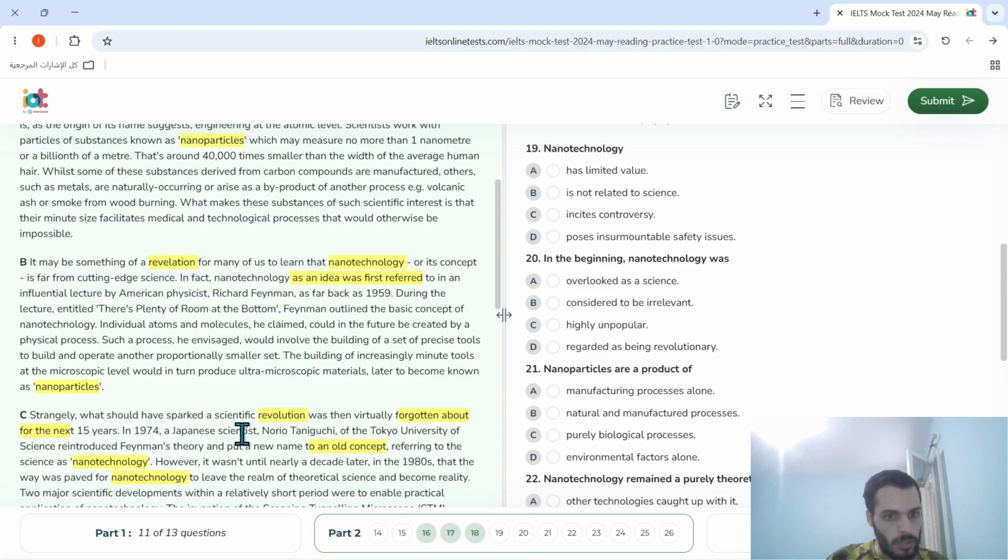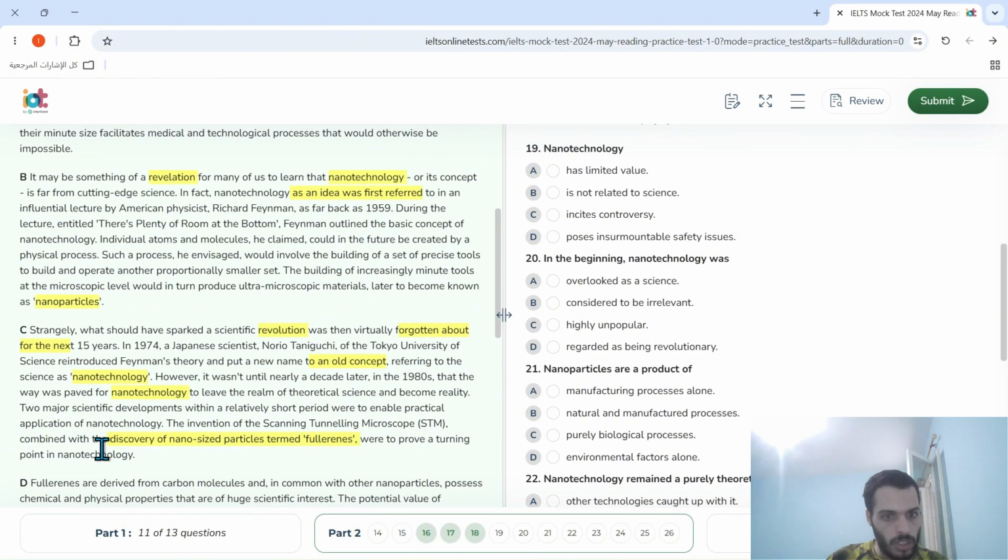What should have sparked the scientific revolution was eventually forgotten, referring to the science as nanotechnology.